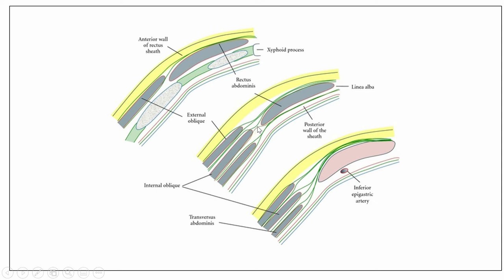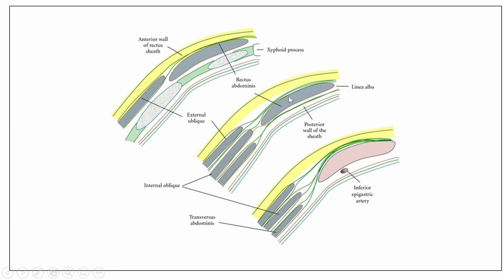Here we can see that the internal oblique aponeurosis splits into two laminae, whereas both laminae of the external oblique together form the anterior wall along with the anterior lamina of the internal oblique. The posterior wall is similarly formed by the posterior lamina of the internal oblique along with the two laminae of the transverse abdominis muscle.